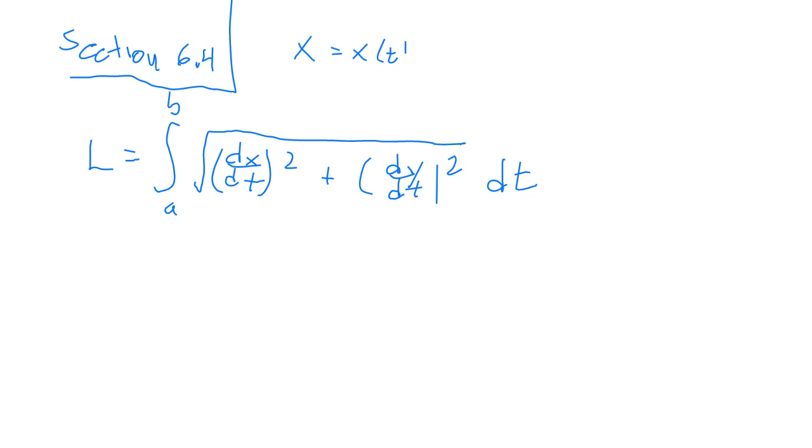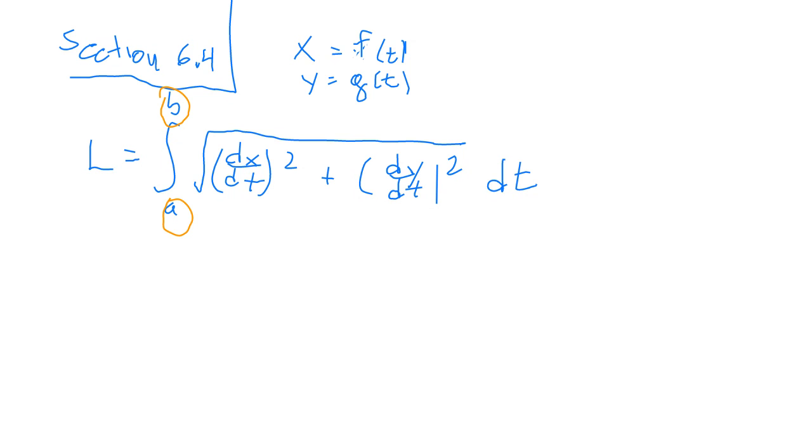They say, if x is some function f of t and y is some function g of t, then the arc length, and you have a starting time a and an ending time b.